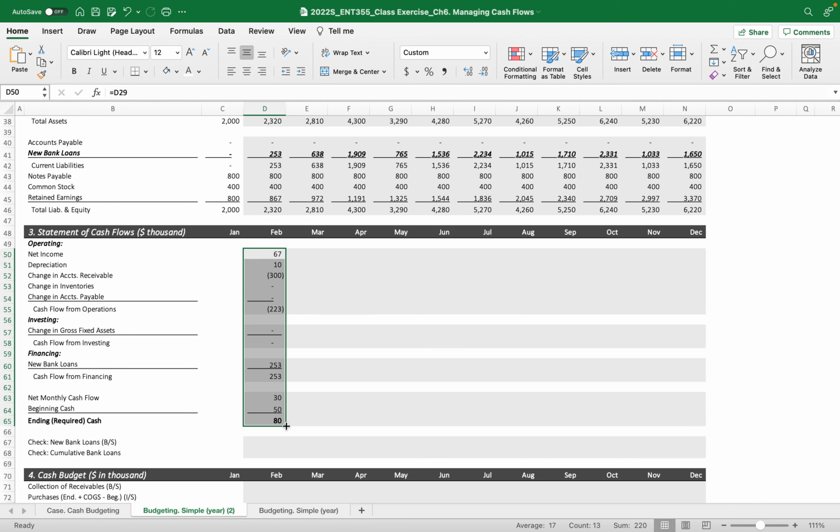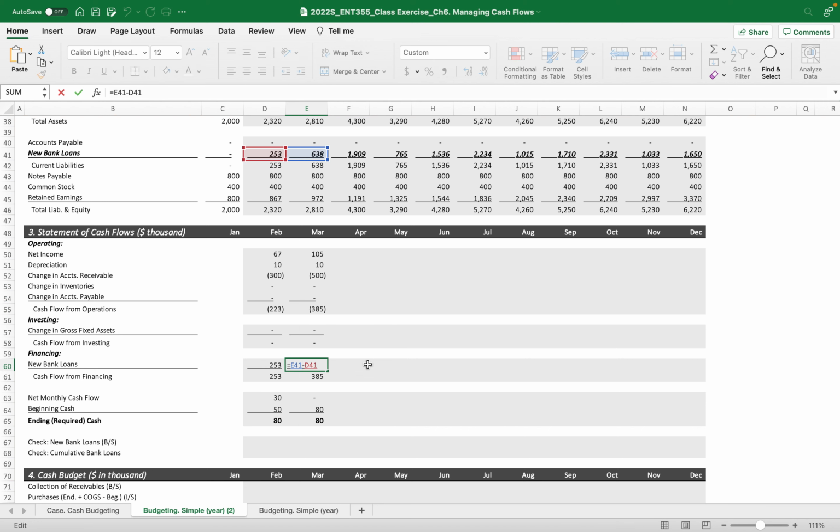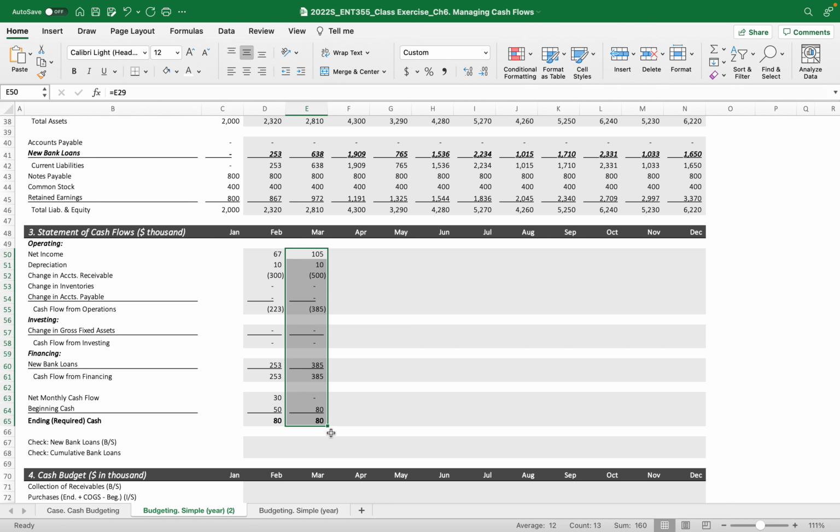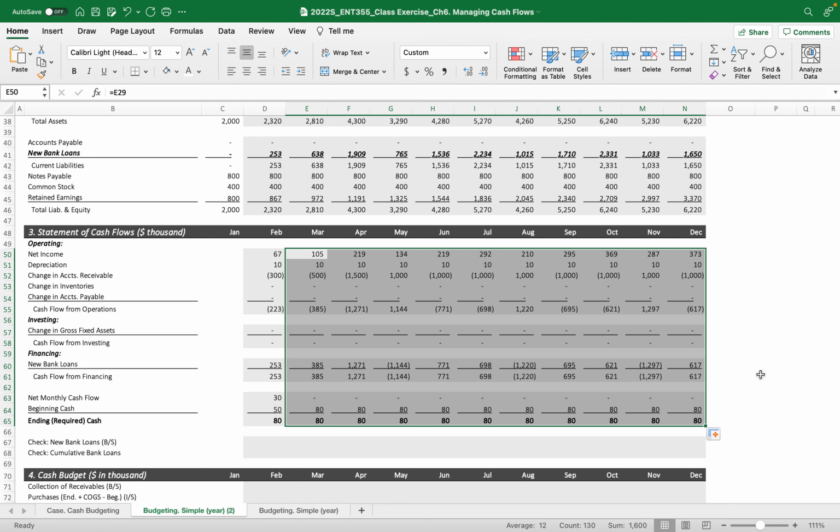And then let's drag one by one. Let's double check if we met the right amount. We have the 80, and the new bank balance, the difference between the two. Okay, good. So let's drag to the right.